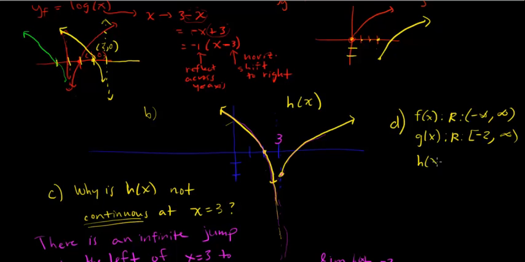And h of x, the range basically is like you OR all these, so it includes any part of the range, so it's going to be from -infinity to positive infinity. So this concludes CPM Calculus Chapter 2, number 50.